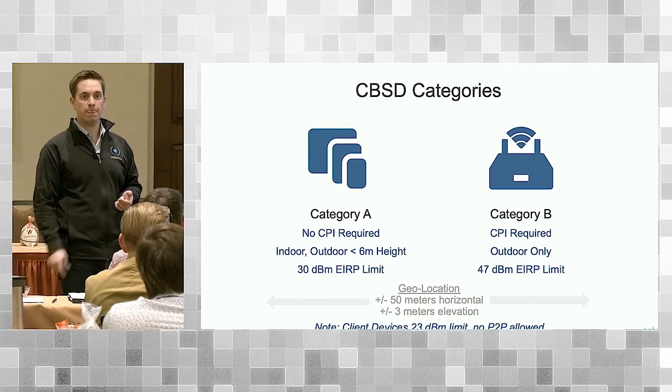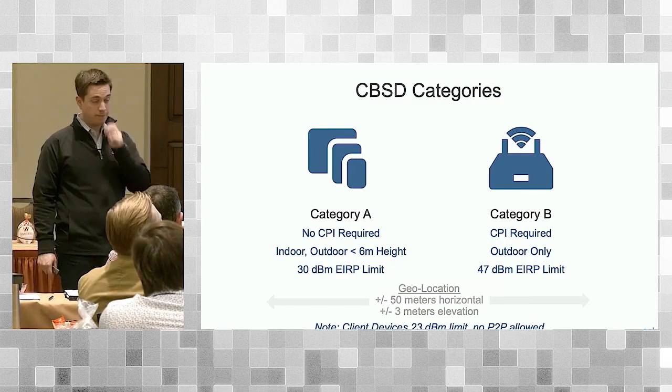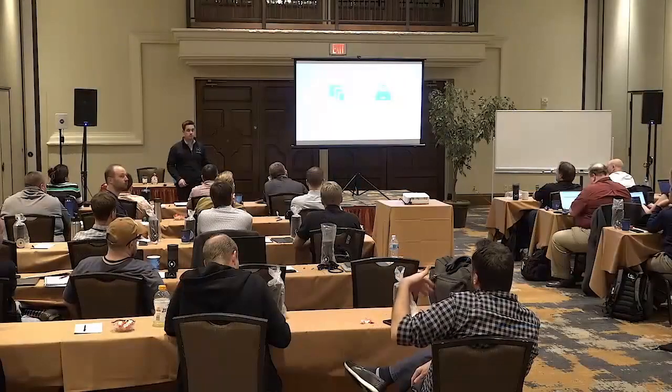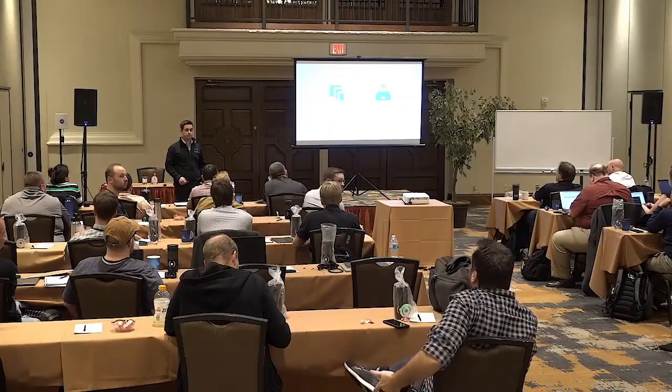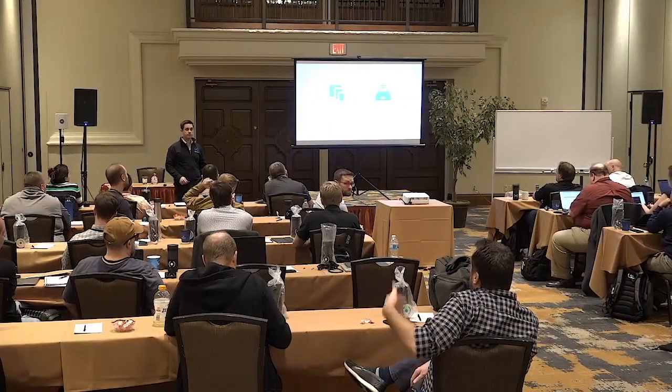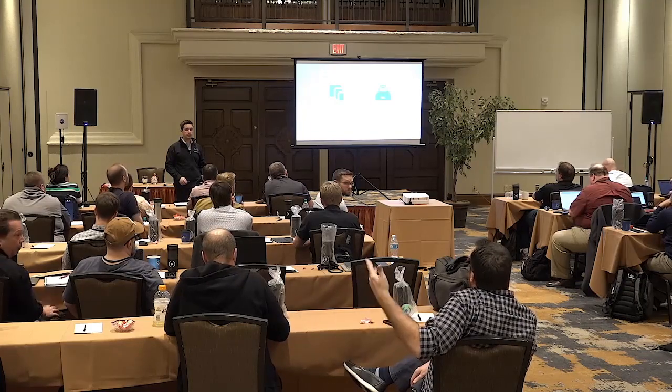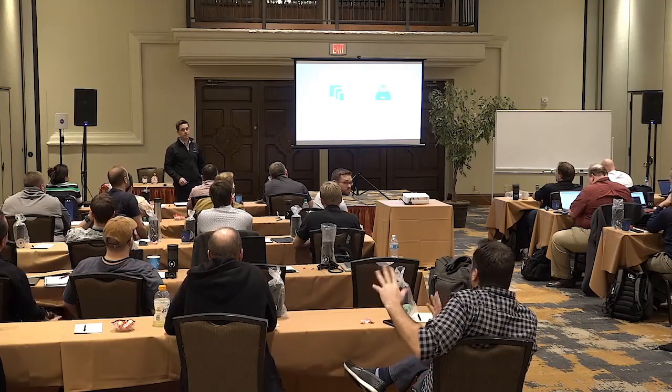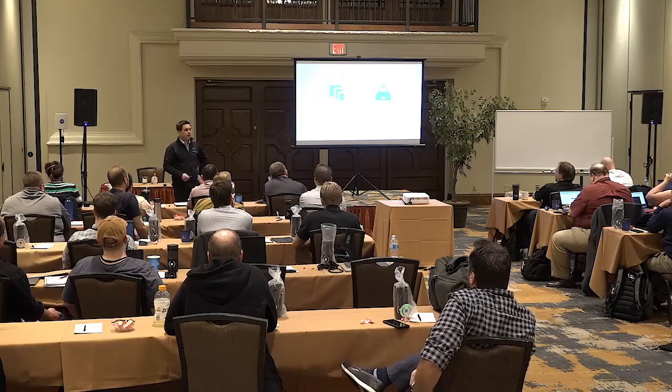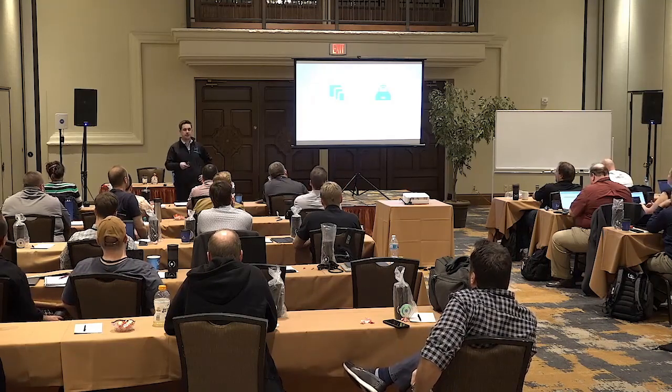Yeah, question? This might be a silly question, but since category A can be installed by a non-CPI, say they do outdoor that's 8 or 10 meters high, how is that regulated? Yeah, so the question is, if they do it incorrectly, how does that get detected and regulated? As far as I know, that's an FCC enforcement action.